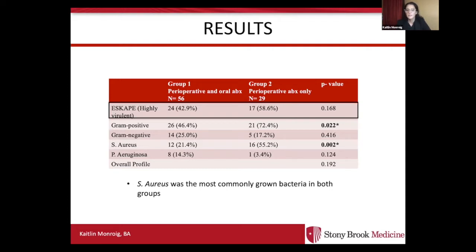Interestingly, the Staph aureus was the most commonly grown bacteria in both groups. Pseudomonas was trending upward in group 1 as well, although this finding did not reach significance. And when we looked at highly virulent organisms as a whole, there was no significant difference between our 2 groups at 42.9% in group 1 versus 58.6% of patients in group 2 with a p-value of 0.168.